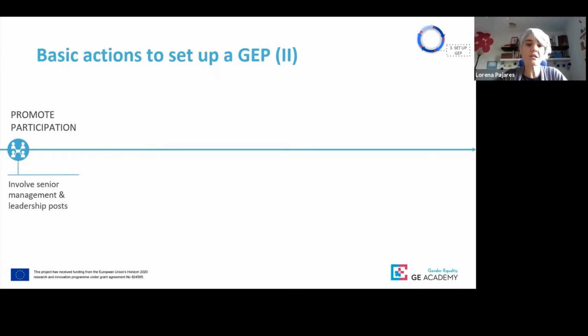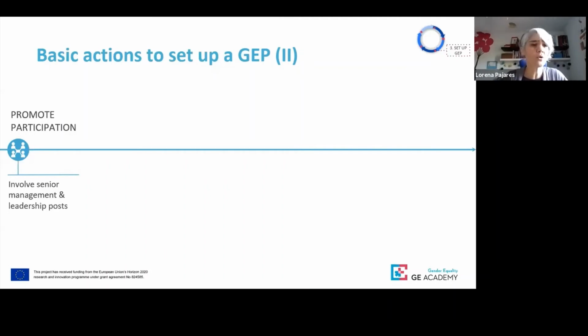The measures are normally drafted only by in-house gender experts, which is a team of a couple of people just drafting the gender equality plan. But a participatory approach will help us develop more meaningful measures for all the actors involved. So in the end, it will also help the implementation of the measures, right?